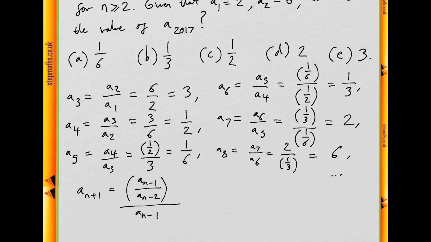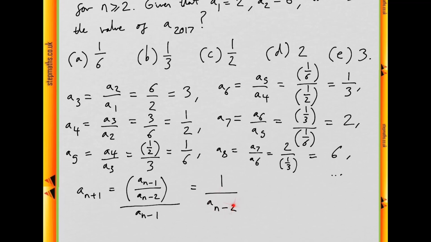We can put that in there, and that simplifies down to just 1 over a_(n-2). So every 3 terms should be the reciprocal of each other. Let's check that. A1 is 2, A4 was a half, but then A7 was 2 again. A3 is 3, A6 is a third, so the terms are reciprocating.